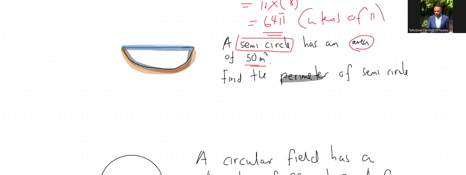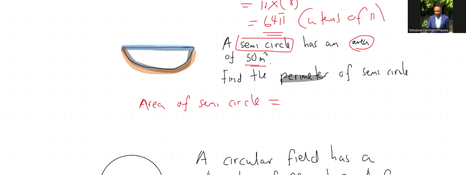They used the area of semicircle, which is equal to, since it's a semicircle, semi means half of the full.